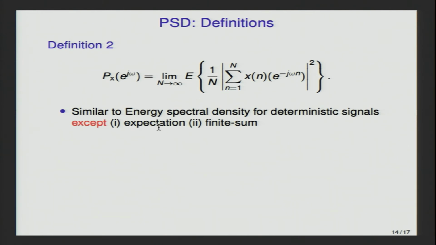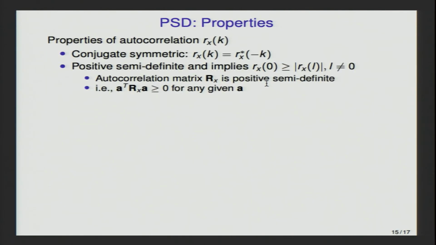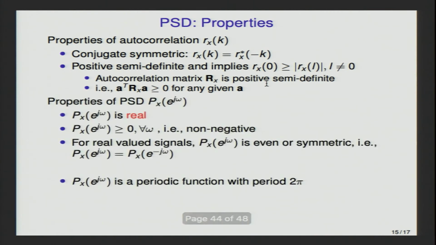The differences are that the finite sum becomes infinite here, and we have an expectation to handle many such short segments of the given realization. This also comes directly from the autocorrelation sequence.